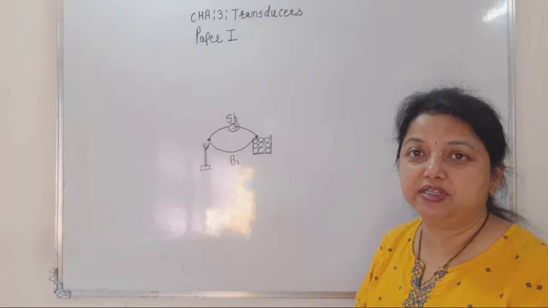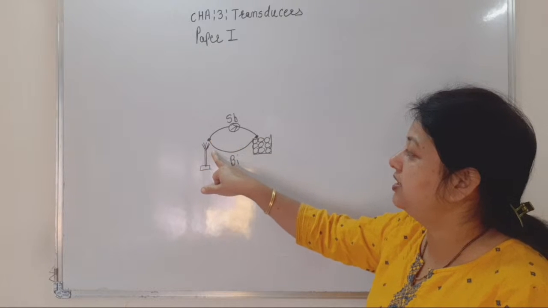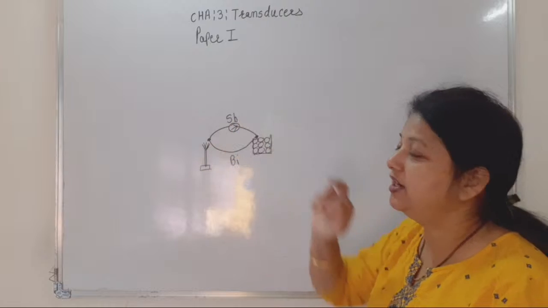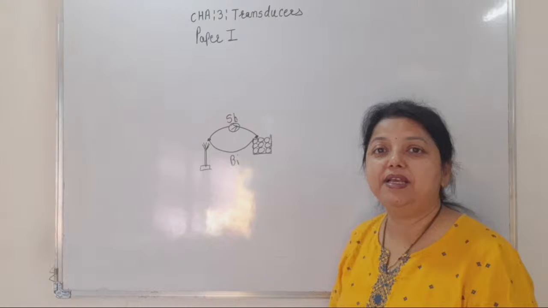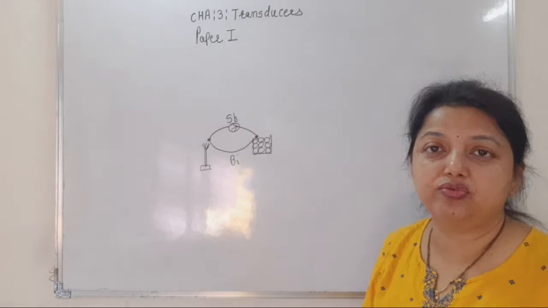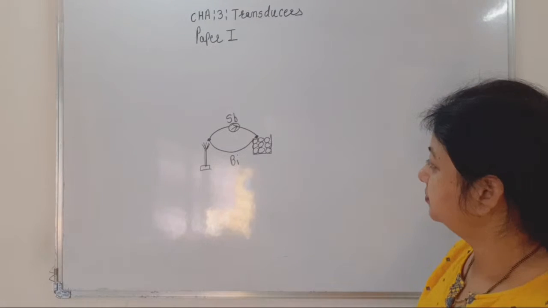Maximum EMF is generated. So the thermal energy which we provide externally is converted into electrical energy, and no external power supply is required. That's why it is a self-generating transducer or active transducer. Okay.